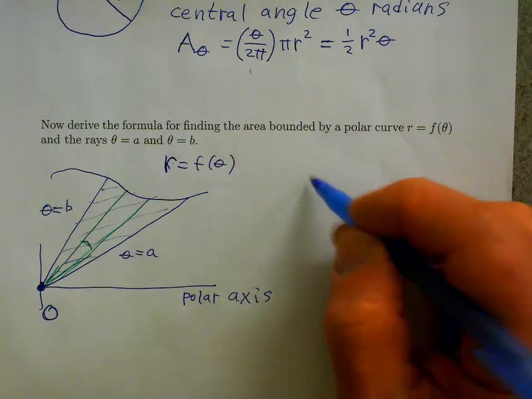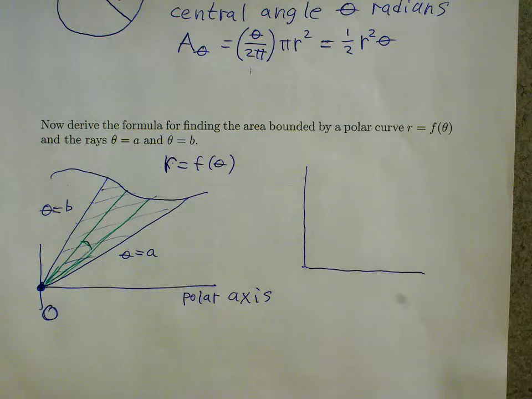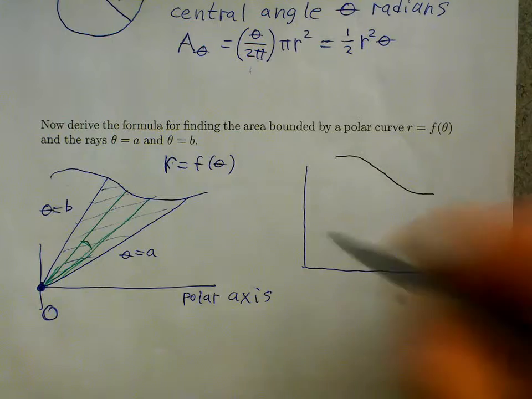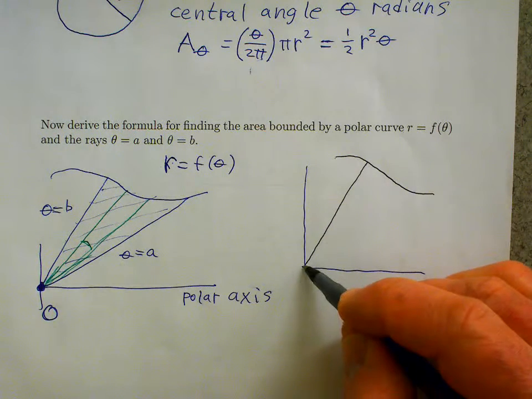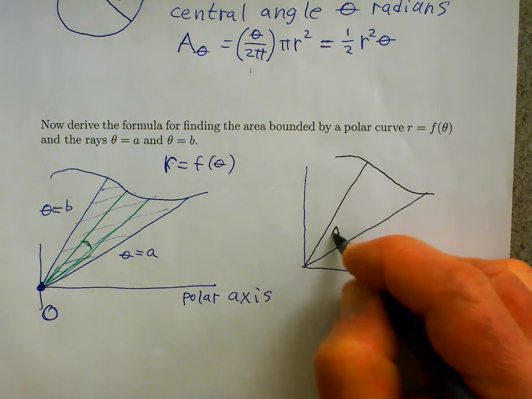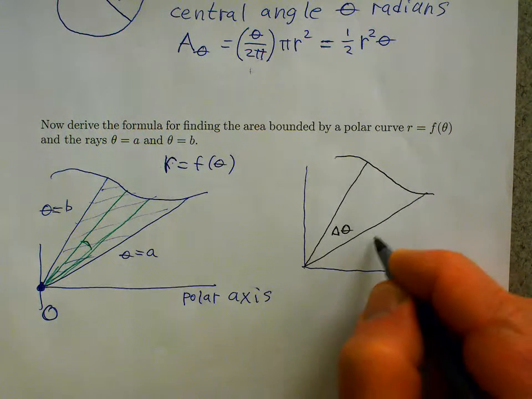It might be better if I draw a bigger picture of the subangle that we're looking at, so that we don't have to squint. So this is delta theta. It's one of the n subangles.